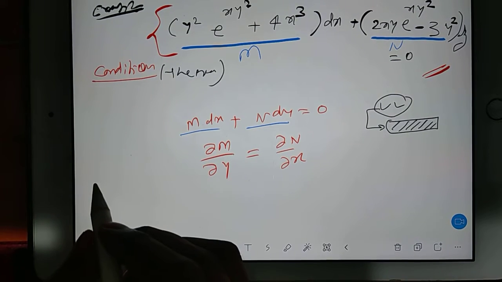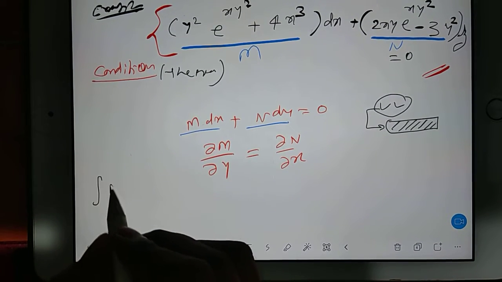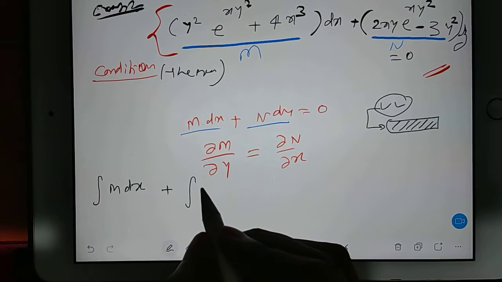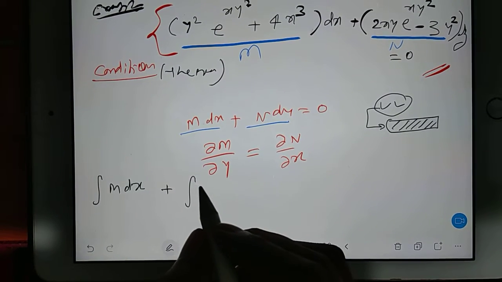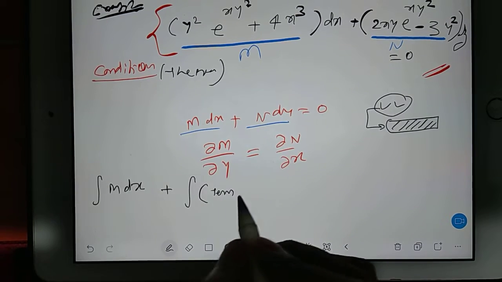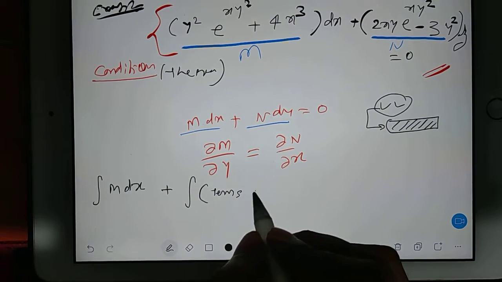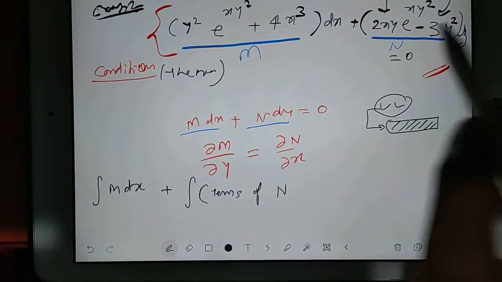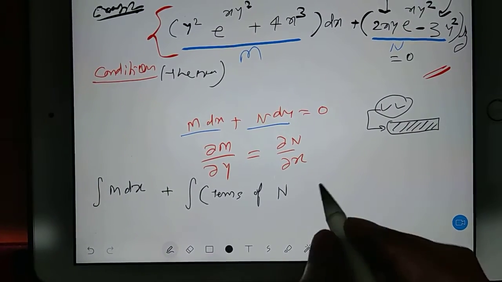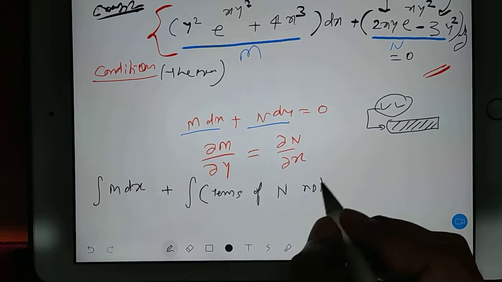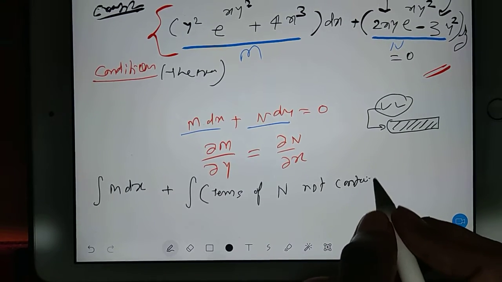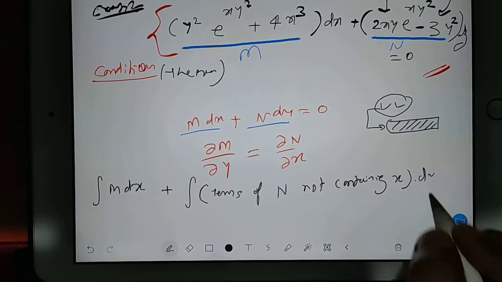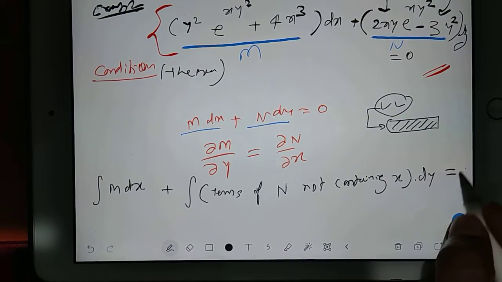That equation will look like integration of M dx plus integration of the terms of N not containing x, only that term you have to integrate with respect to y, and this will be equal to c.